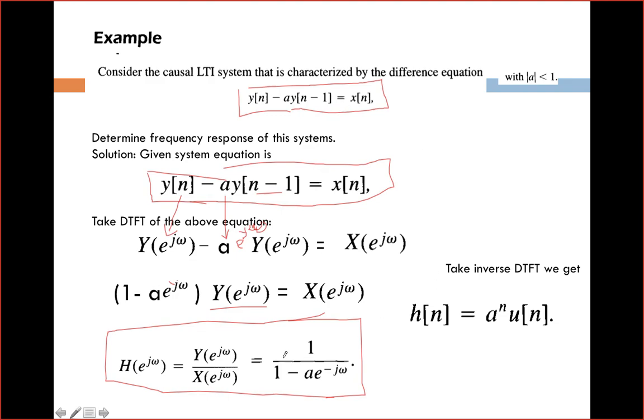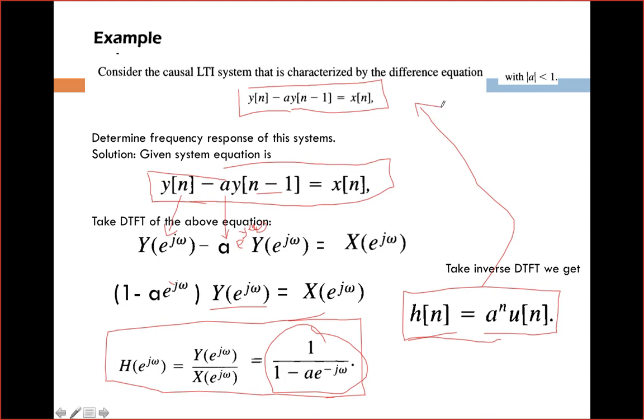When you take the inverse discrete time Fourier transform, this is again the standard formula, and I will get h of n is equal to a power n into u of n. So this is what the problem asked.